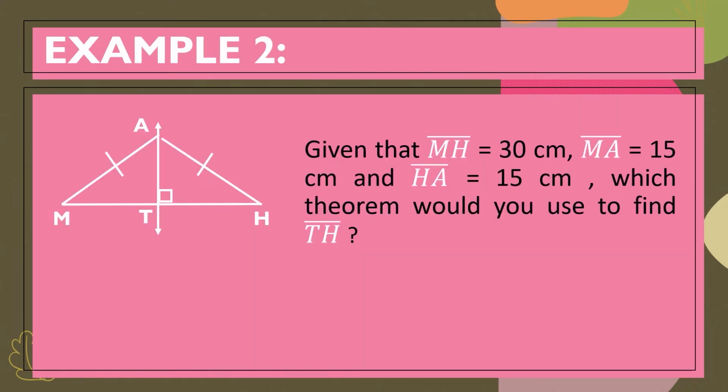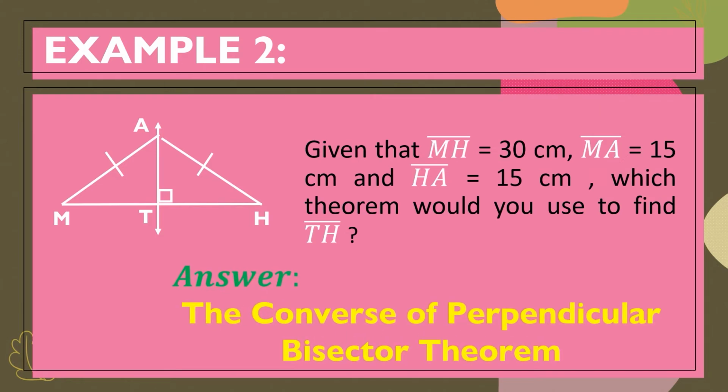Example number 2. Given that segment MH is equal to 30 cm, segment MA is equal to 15 cm, and segment HA is equal to 15 cm, which theorem would you use to find segment TH? The correct answer is the converse of the perpendicular bisector theorem.